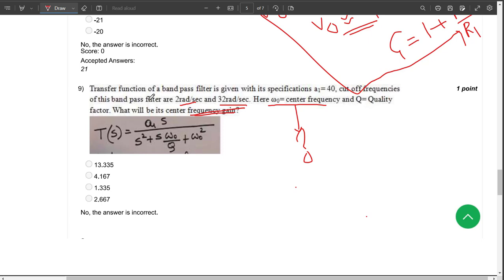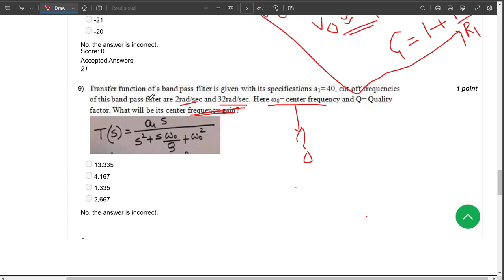Replace s with j omega first, and then replace omega with omega naught, and apply simple mathematics. For a1s, it is a1 into omega naught by q. Here the s square term becomes minus omega naught square, and that and the omega naught square constant will get cancelled.